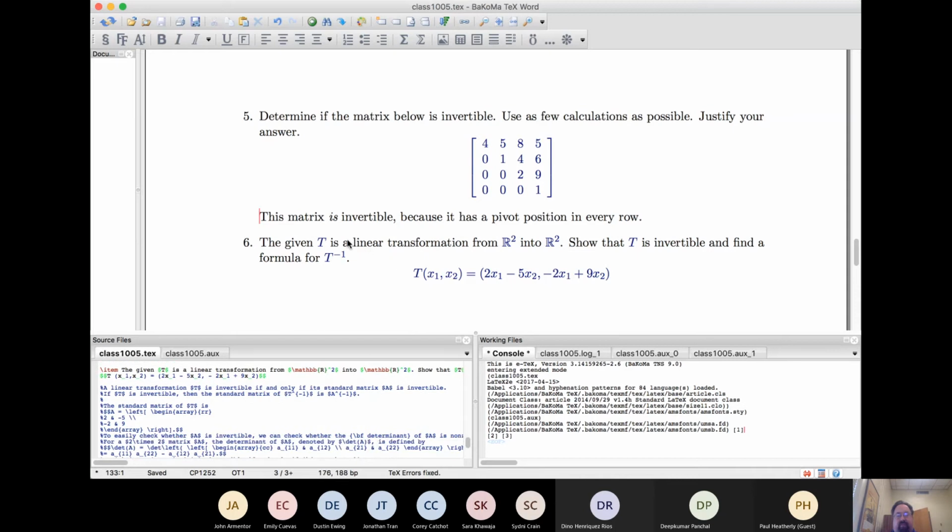So applying a linear transformation like T to a vector like x1, x2 is equivalent to multiplying by a standard matrix. So we want to show that this linear transformation right here is invertible and figure out what the T inverse is. And we can do all that by working with its standard matrix.